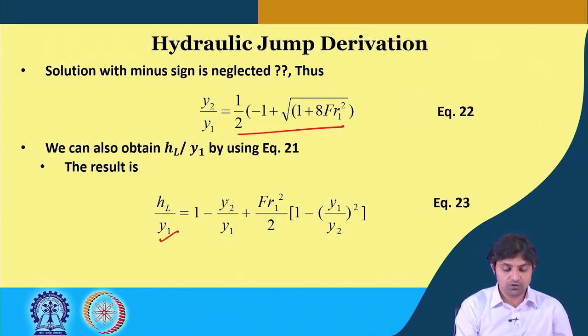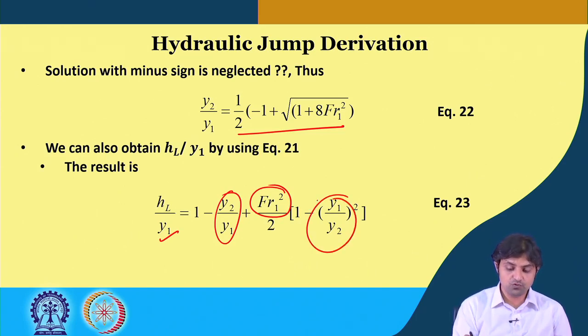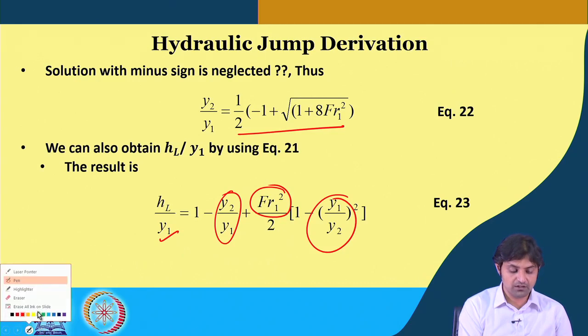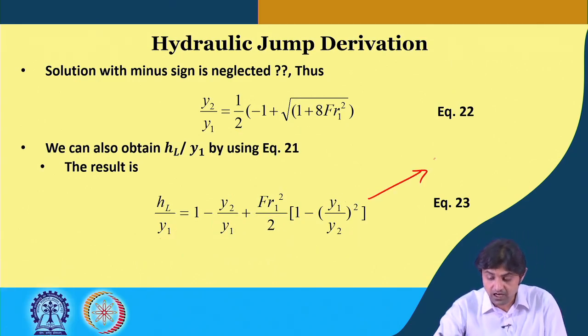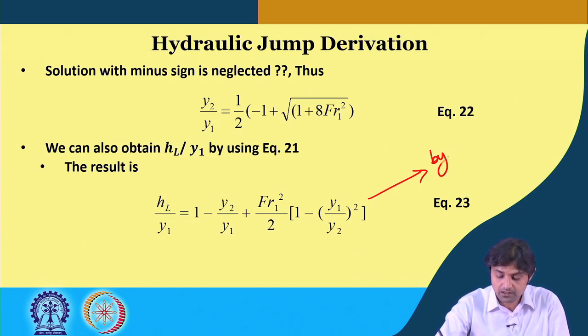So, y1 is known, and using this formula we can find y2 or y2 by y1. If we know everything at section 1, the Froude number at 1 is also known. We have already found y2 and y1. So, head loss can be calculated using this formula, and this formula has been derived by putting values in the energy equation.